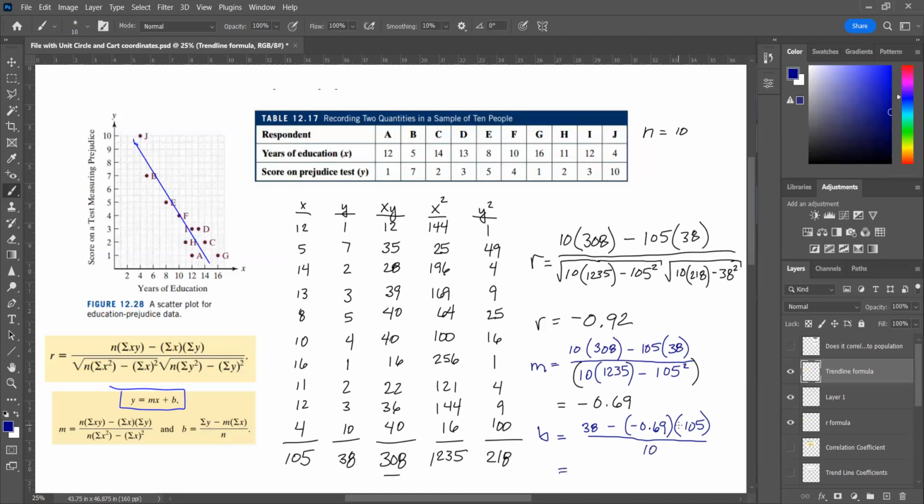So now I'll plug that into my calculator. 38 minus the product of negative 0.69 times 105. And I'm going to divide that by 10. And I get 11.04. So we could just call that 11. I think that would be all right.